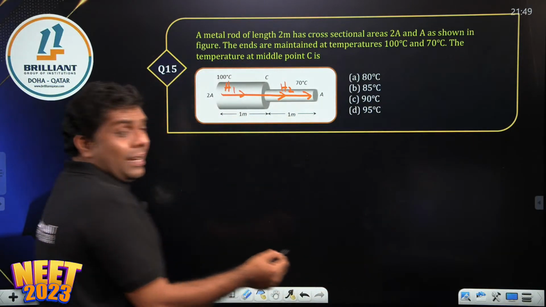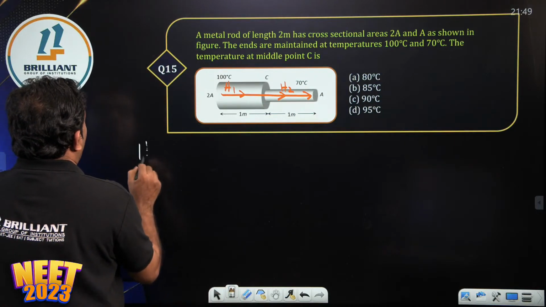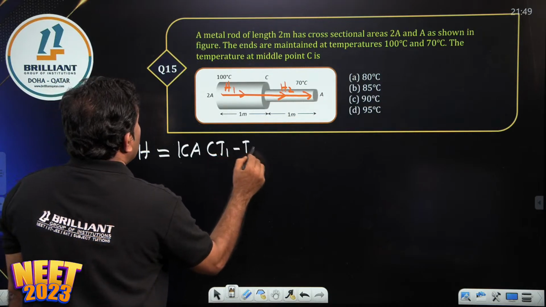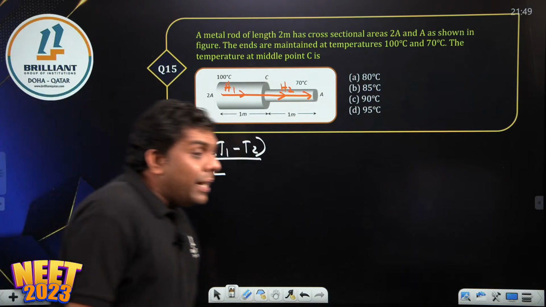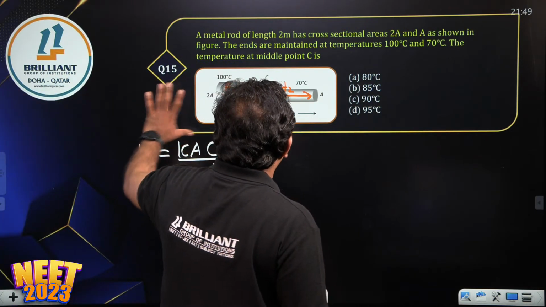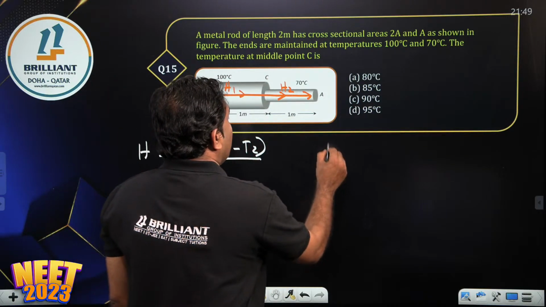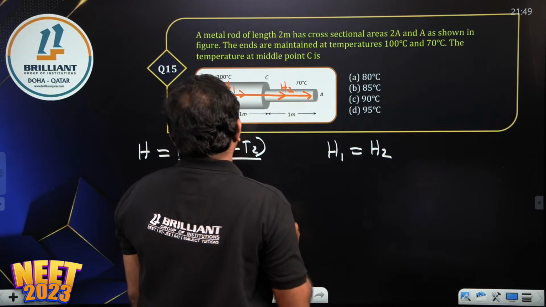What is the formula for heat current? Everyone knows the equation. H is equal to KA times (T1 minus T2) by L. They gave the same material, so the K value remains the same. So H1 is equal to H2. What is H1 now?